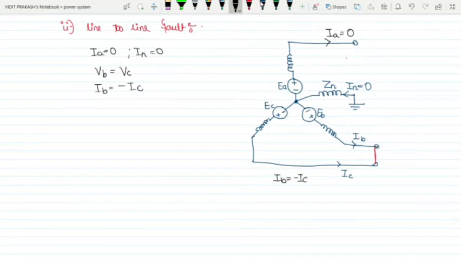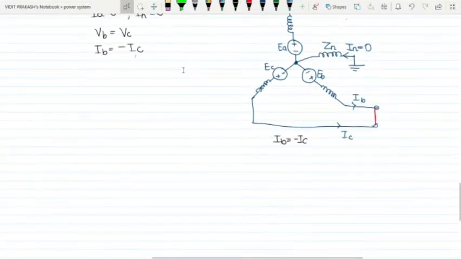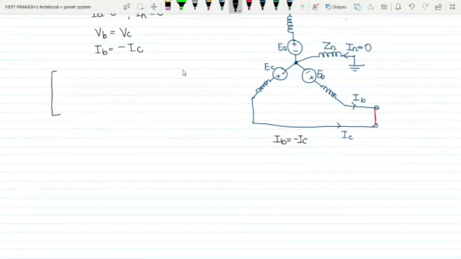Okay. Now, what is the symmetrical component of voltage? That is VA0. This is the positive sequence voltage. This is the negative sequence voltage. So what is the sequence voltage?